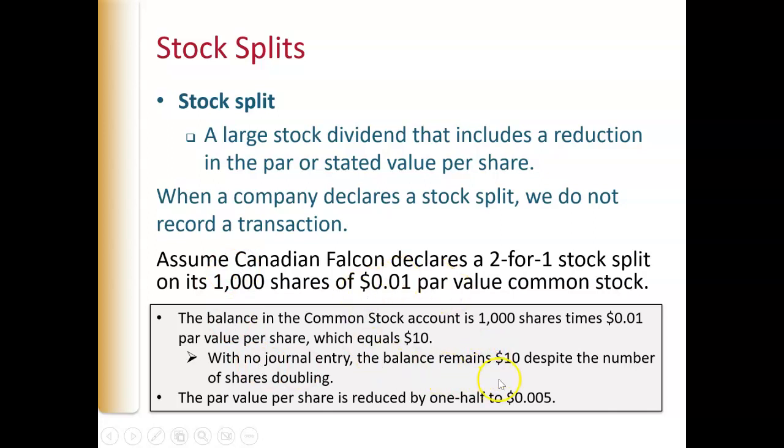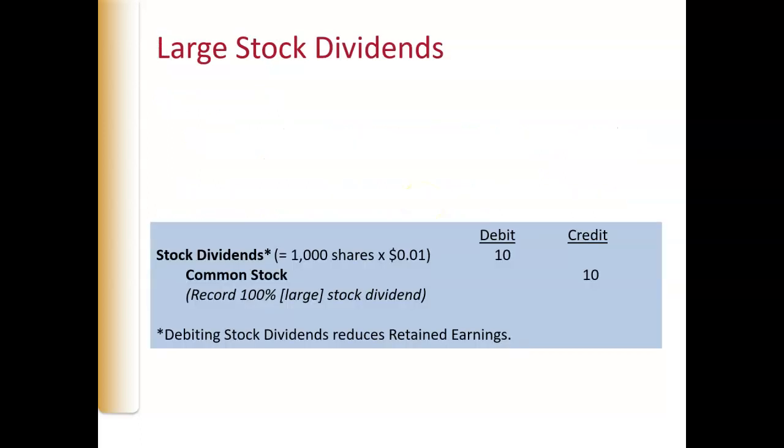The balance is going to stay at $10. But since we're doubling our stock, the par value gets reduced to 0.5 cents instead of 1 cent. Because we've doubled our shares, all it's going to do is change the par value. Okay?